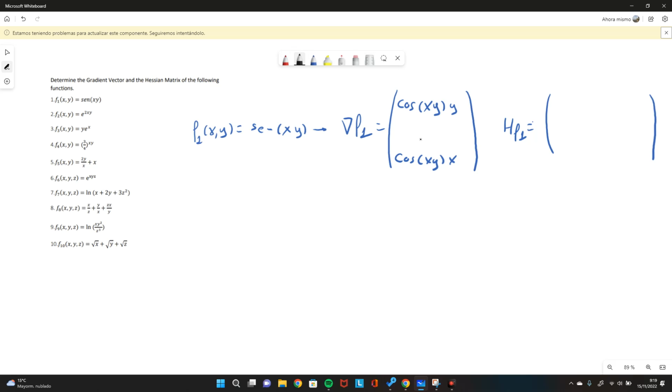So what I'm going to do here is the only one that is difficult, which is the first one, twice: first with respect to x, which is this function, and then with respect to y. Why is this one the only one that is difficult?